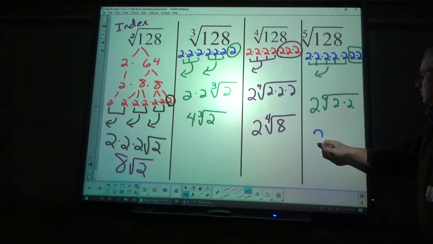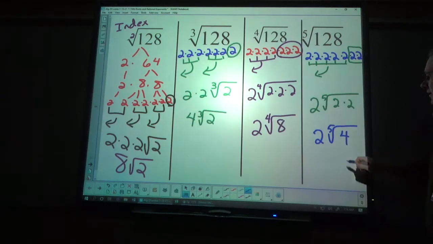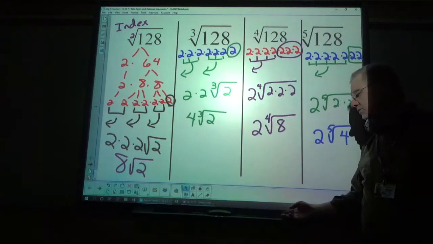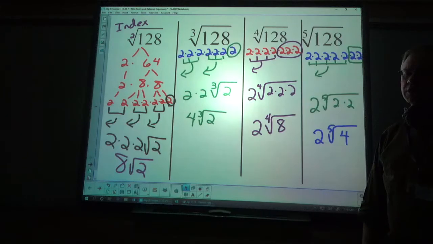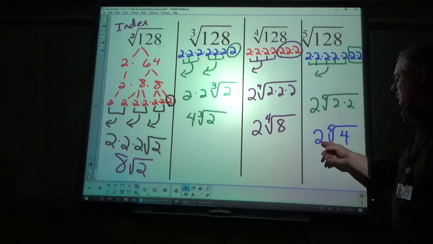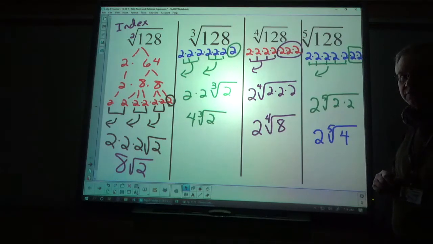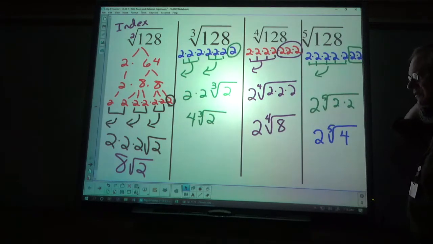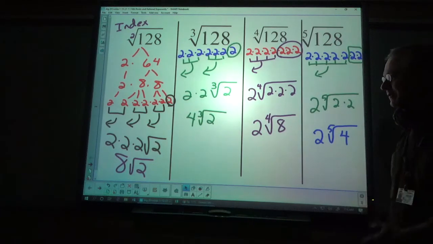So 2 5th roots of 4. Now people will frequently say 2 square root 5th of 4, and they really mess it up. It's 2 5th roots of 4. That's how it's said. So take your time to learn how to say it. Hopefully it won't be embarrassing if you make that mistake.